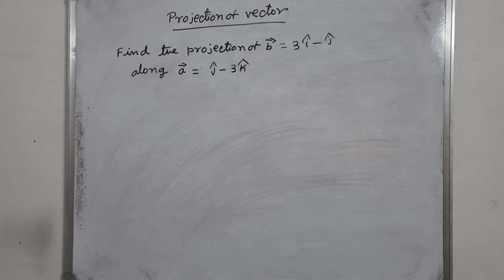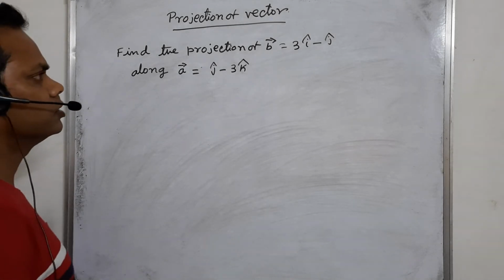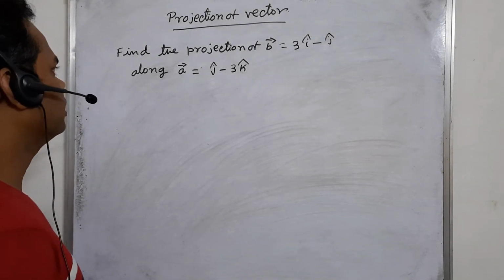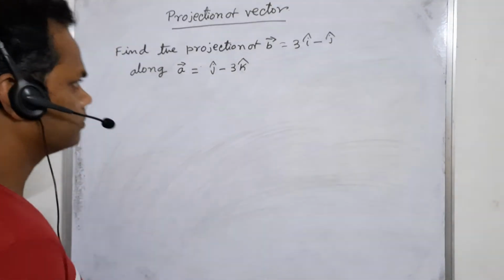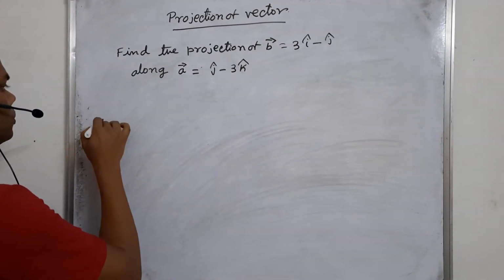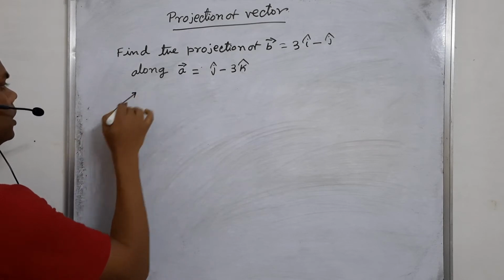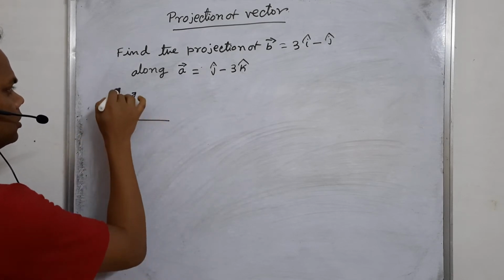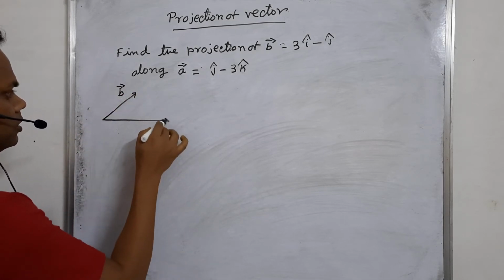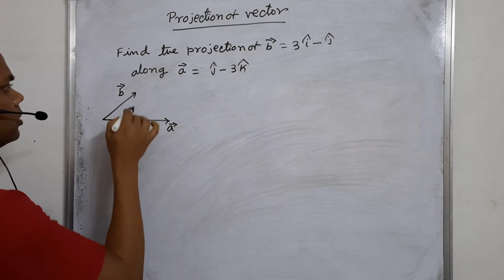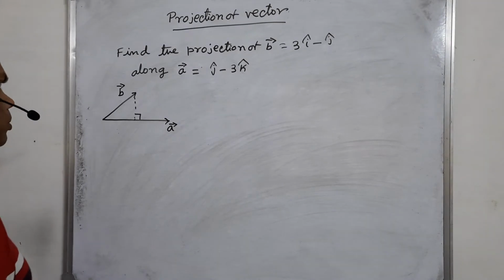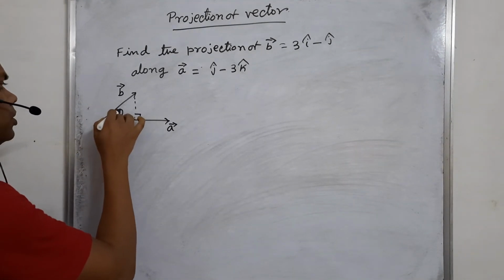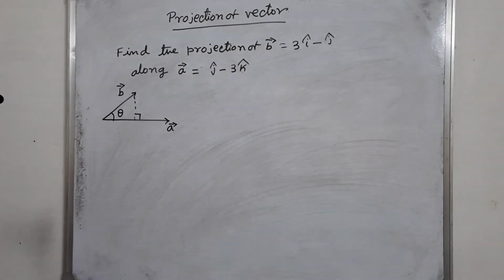The next sum is: find the projection of b vector, which is 3i minus j cap, along a vector, which is j minus 3k cap. They are co-initial vectors. This one is b vector and this one is a vector, and this is the perpendicular line dropped from b to a. The angle between a vector and b vector is theta.